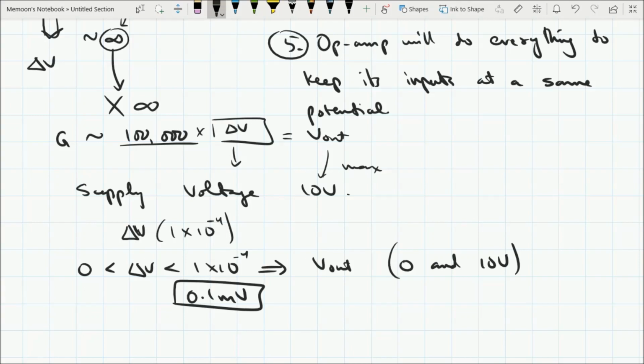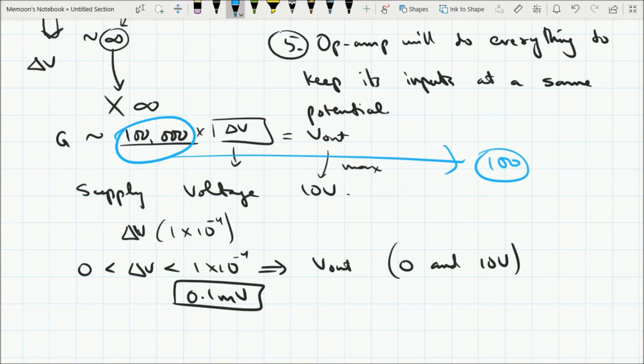So how to solve this issue? How to solve this limitation on the input voltage of the operational amplifier to utilize its amplification property and use that gain of an amplifier to amplify our signal? What we can do is reduce this gain. What if we reduce this 10,000 or 100,000 to 100?